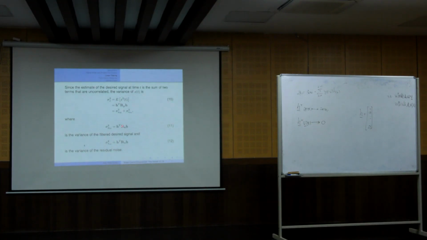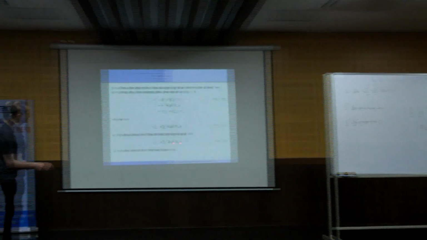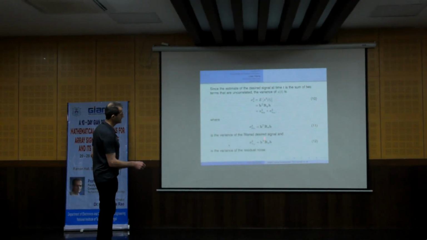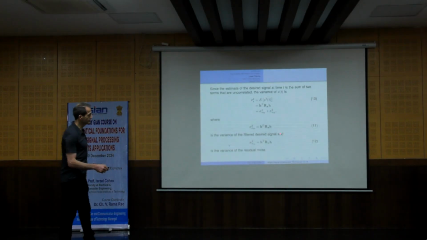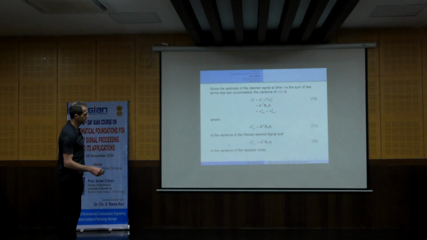From this, we can compute also the signal to noise ratio. So the variance of the filter desired is H transpose Rx H, and the variance of the residual noise is H transpose Rv H. Rx and Rv are the correlation matrices of the desired and the noise.